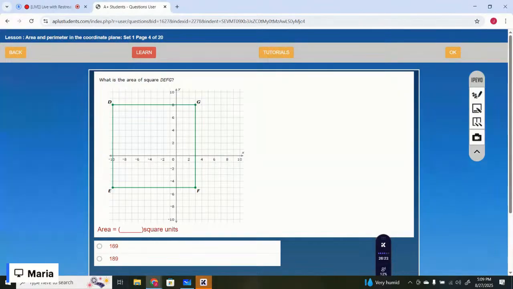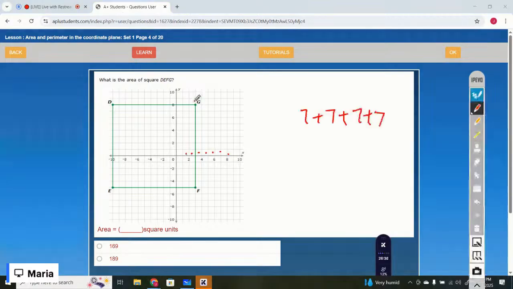What is the area of the square? I think that would be 1. Okay, 10 and 5, 12, 13.